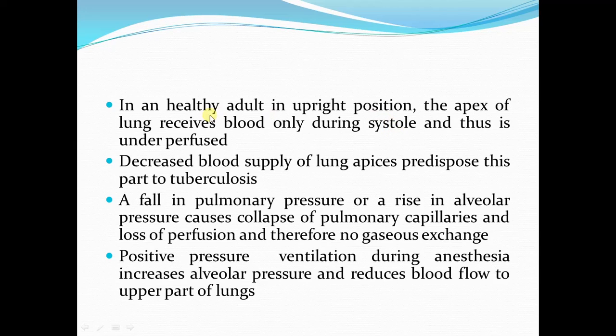So the apex of the lung is underperfused. It has less blood supply as compared to the lower part of the lung. Due to decreased blood supply to the upper part of the lung, this area is predisposed to tuberculosis. So tuberculosis commonly occurs in the apices of the lungs because these areas are underperfused. They receive less blood as compared to the other parts of the lung.